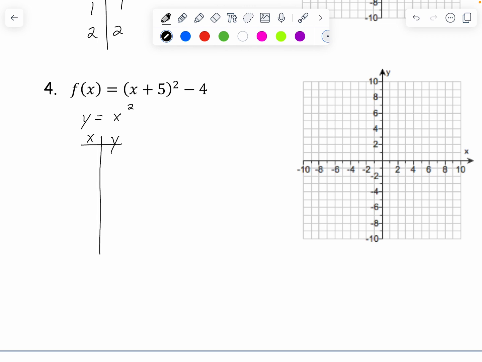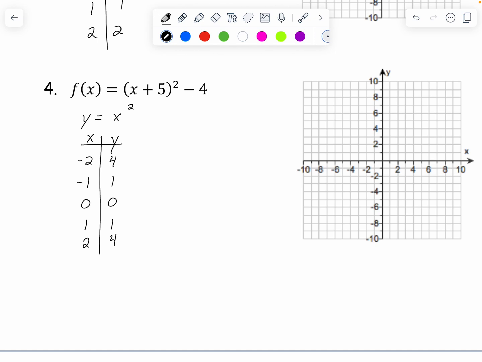So for a quadratic, remember we're taking whatever x is, and we're squaring it. So if we take -2 and we square it, we get +4. If we take -1 and square it, we get +1. 0 squared is 0. 1 squared is 1. And 2 squared is 4. So this gives us our parent function.